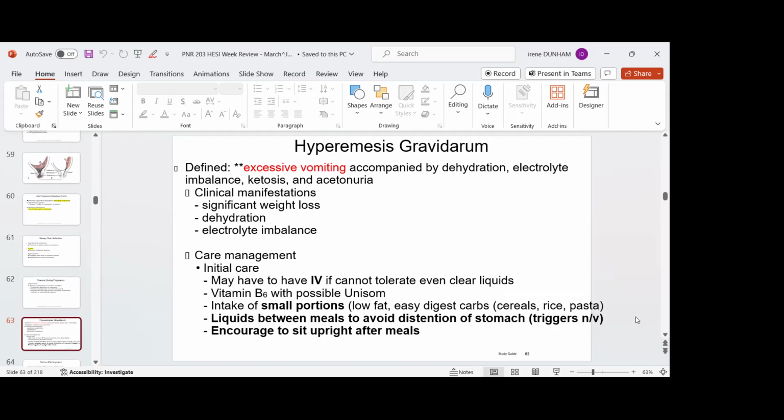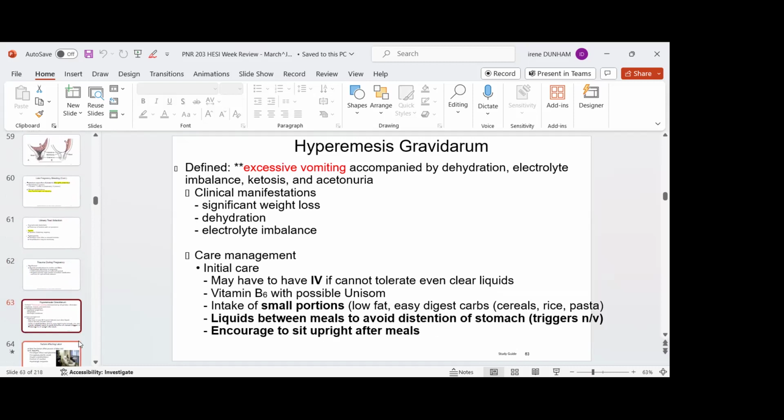The reason is because liquids can fill up the stomach, and it does trigger the nausea and vomiting reflex. And what happens is that she won't get the protein that she needs. You do that with any kind of patient, really.